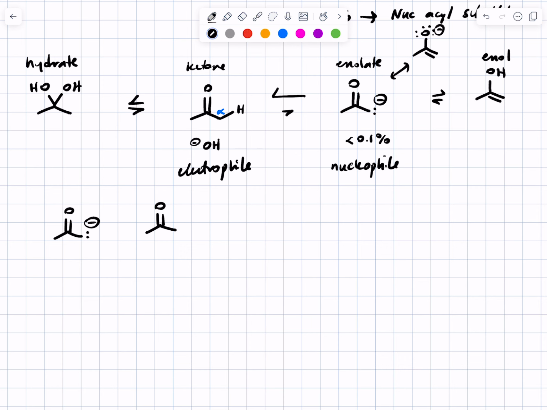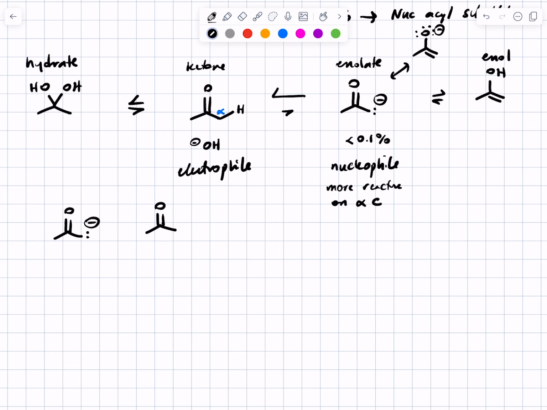For the enolate, we've said that even though we like this resonance structure because it has the negative charge on the more electronegative atom, for the most part, enolates are more reactive on the alpha carbon.